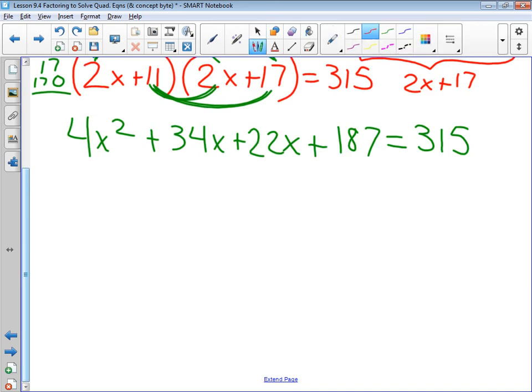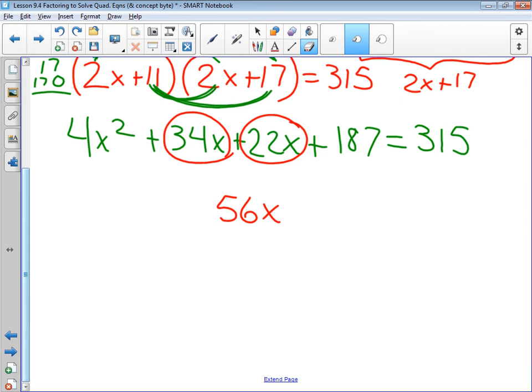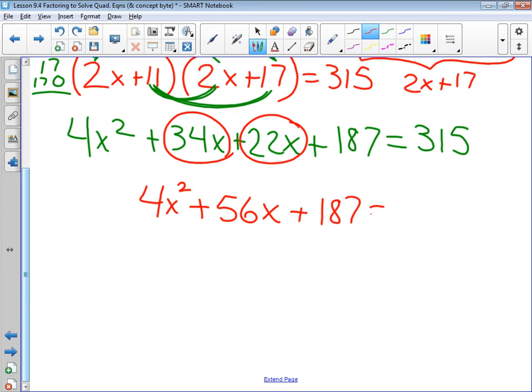So I'm going to add like terms. 34x plus 22x is 56x. Oops, not equals. I'm still adding to that 4x squared. I'm still adding 187, and that's still equal to 315. Now in the other problems, when we had this type of equation, we had to set it equal to 0 to find the roots.